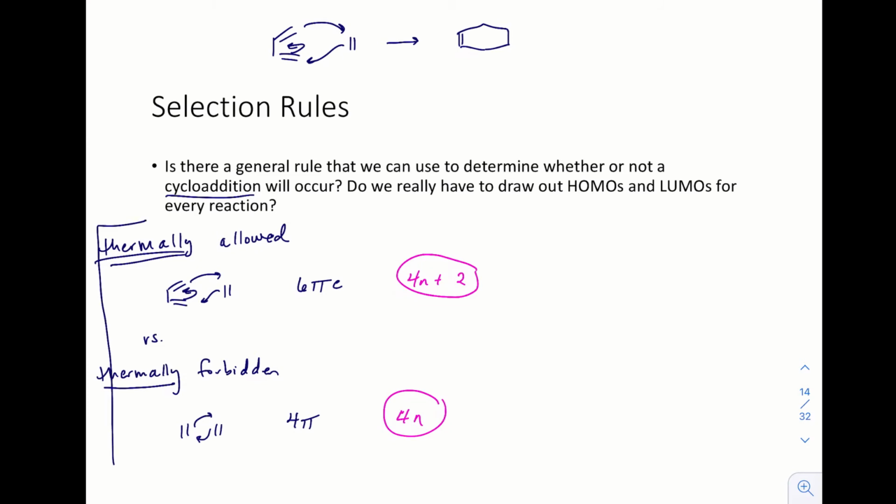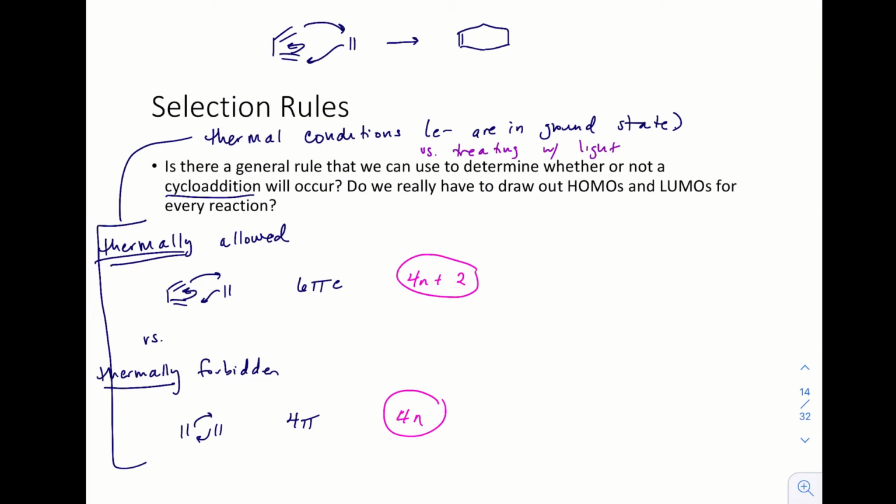And what are thermal conditions, so thermally allowed and thermally forbidden? Thermal conditions just means that all the electrons are occupying the ground state. And you might say, well, aren't all electrons in the ground state? Well, no. An alternative, and if you continue on in chemistry you'll learn about this, is that you can treat with light. And you kind of already know this, right?